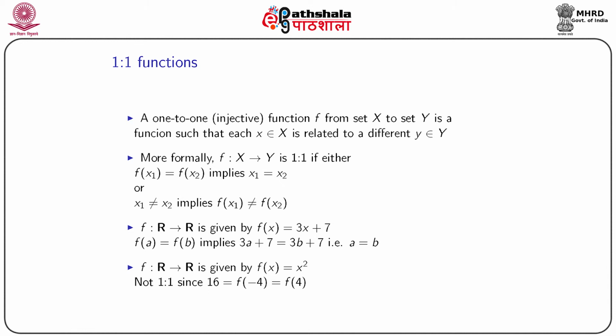So f of minus 4 is equal to f of 4, but minus 4 is not equal to 4. So it doesn't satisfy the conditions for which I can say that this is a one-to-one function. So that means f(x) equals x square is not a one-to-one function.